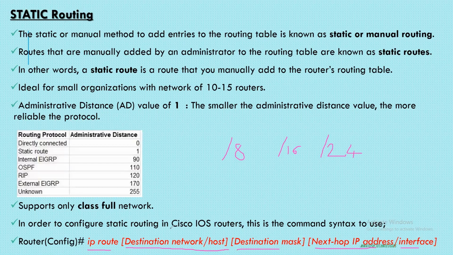This is a simple configuration. First, we type the ip route keyword, then the destination network, destination mask, and the next hop. We'll do the lab on this and see how it's done.